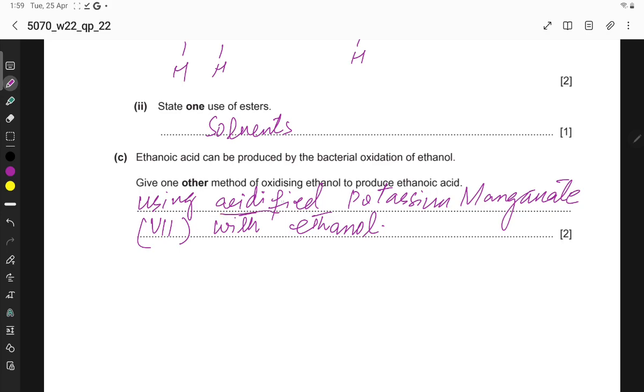So acidified carries 1 mark and potassium manganate(VII) carries 2 marks. Writing acidified carries 1 mark.